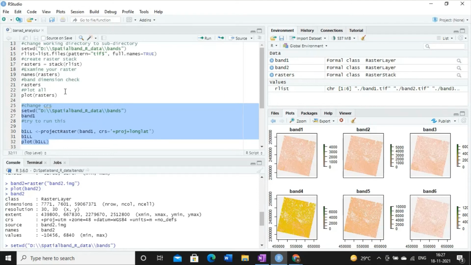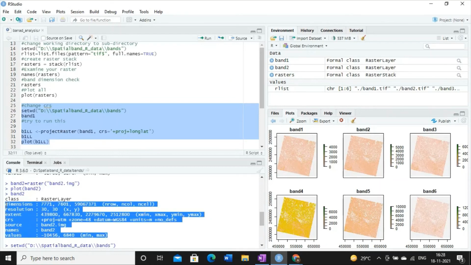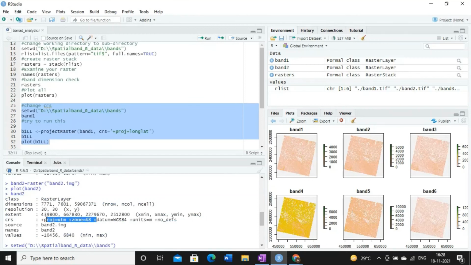This is important because whenever we were loading band 1 to band 6, we saw that we have these kinds of properties. This kind of property includes the term projection equal to UTM plus zone 48. And we also have the WGS 84 concept that I was discussing right now.